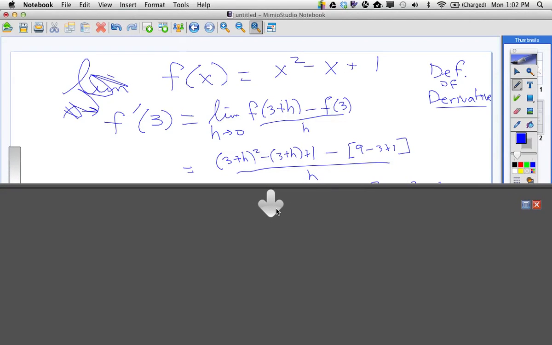So we put 3 plus h in for x. I've got to put parentheses around those because I'm subtracting it, so that's really important. Plus the 1. Then I put 3 in for x, that'd be 9 minus 3 plus 1. Right?